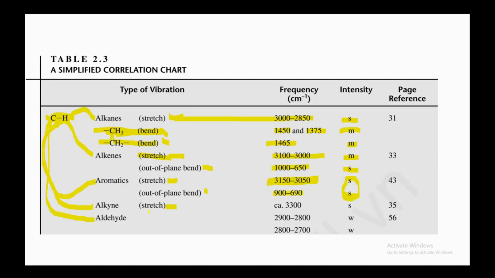For alkynes it appears at 3300 and the peak intensity is strong. And for aldehydes it appears at around 2800 to 2700, and the peak intensity is weak.